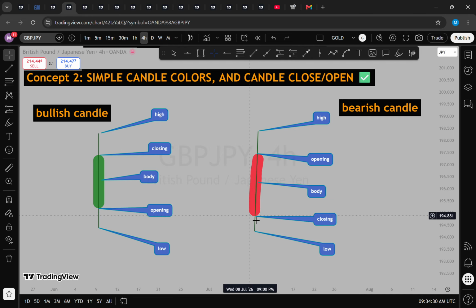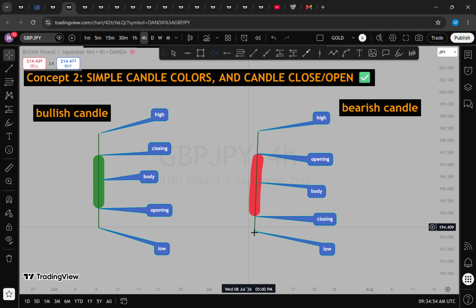Okay, so eventually the sellers are pushing way back to this low. Because we still have some buyers in the market, they intend to push the market back up, but eventually the sellers won. The sellers resisted it, so that's how we have this closing here.